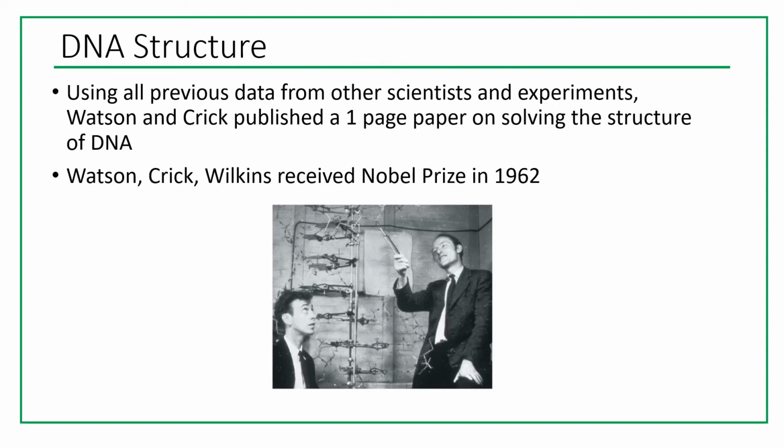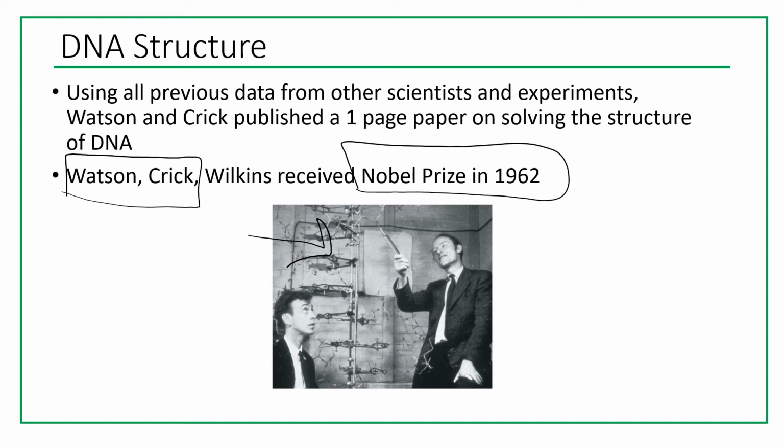She couldn't, but these 2 scientists, Watson and Crick, did. They used the previous data from all the scientists and experiments. They published a 1-page paper on solving the structure of DNA. So here they built the structure of DNA, and they got a Nobel Prize in 1962.